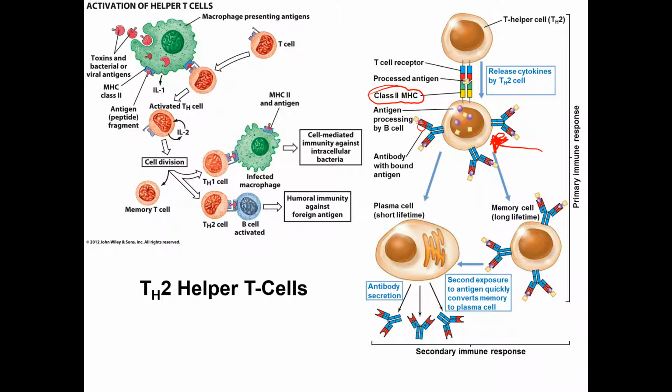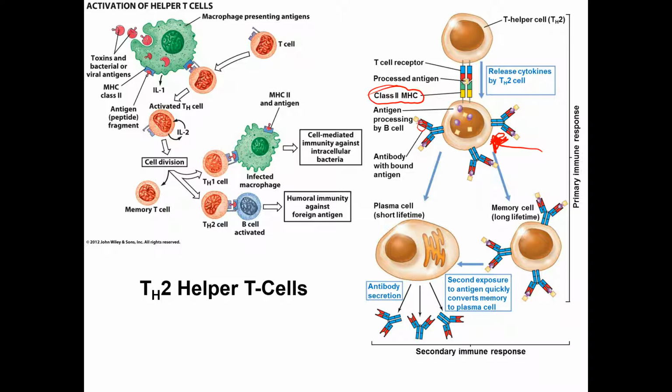Now, for some types of antigens, for instance, and we'll talk about this in a little bit, certain repetitive antigens like carbohydrates, this will stimulate your B cell to produce plasma cells and memory B cells. But other antigens that are a little bit more complex, like proteins, require secondary interactions to help activate this B cell.